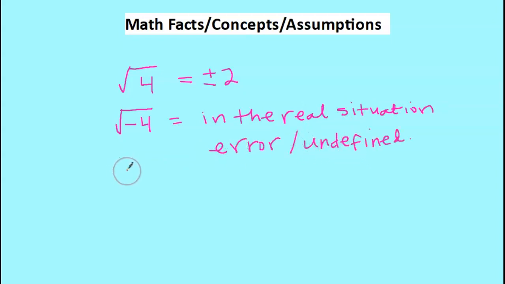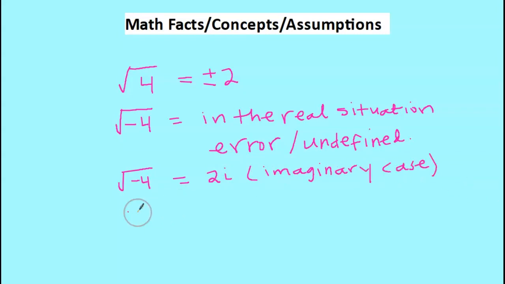As we get into complex or imaginary numbers, then we can say that this is going to be 2i. This is in the imaginary. If that is the case, then we say that i squared is equal to negative 1. Therefore, we can say that i to the power 4 is 1.